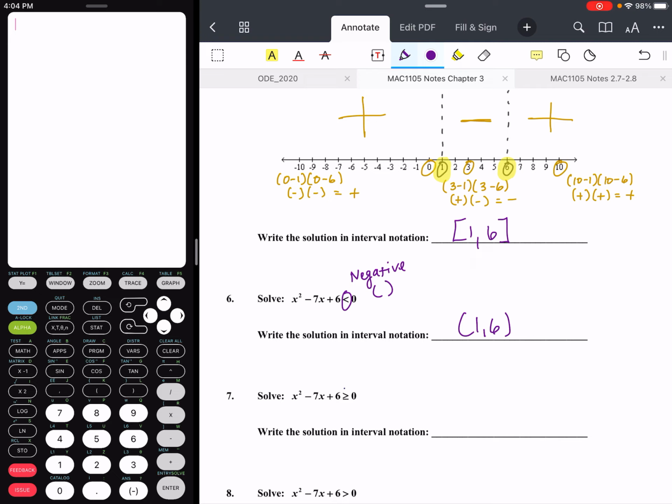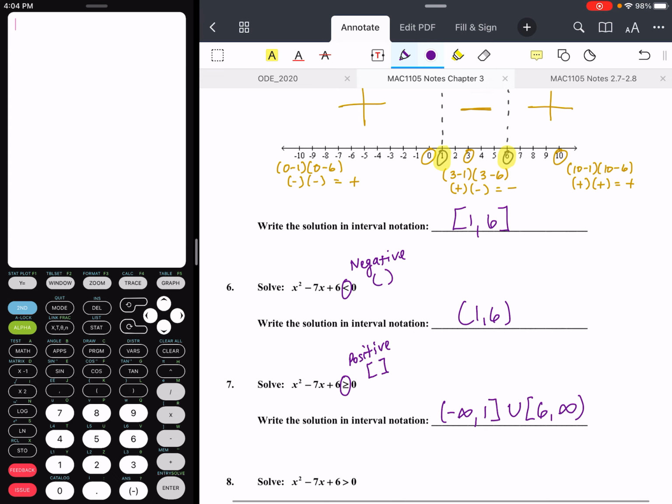Number 7, x squared minus 7x plus 6 is greater than or equal to 0. So I want my positive intervals, and I'm going to use my square brackets. So now I'm going to go from negative infinity up to 1, square bracket, and then from 6 up to positive infinity.